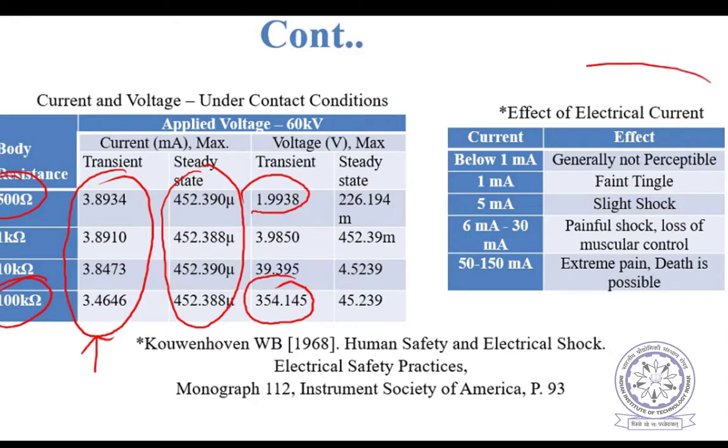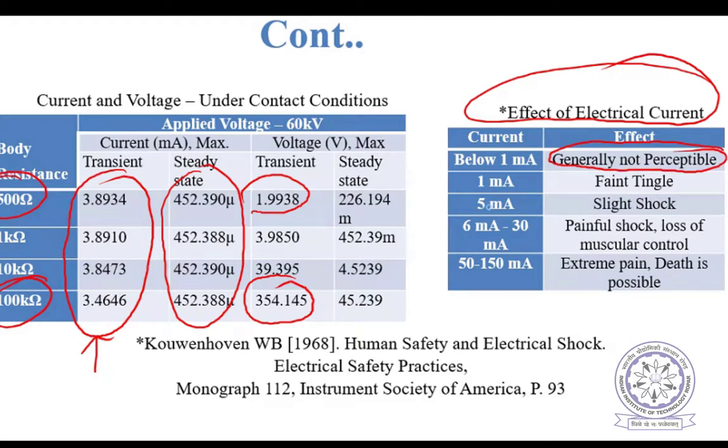The effect of electrical current on the human body, that's also generally known. Below 1 milliampere, generally it is not perceptible. Battery current, you cannot even sense that something is passing, that current is passing.